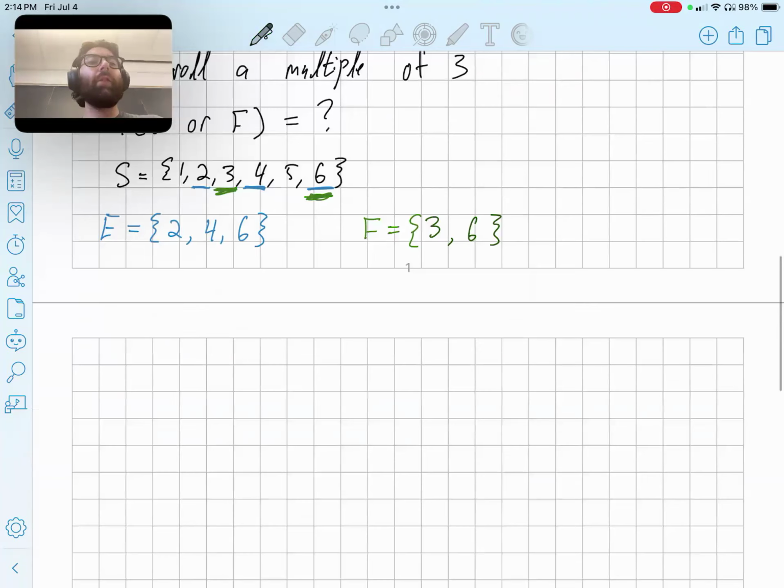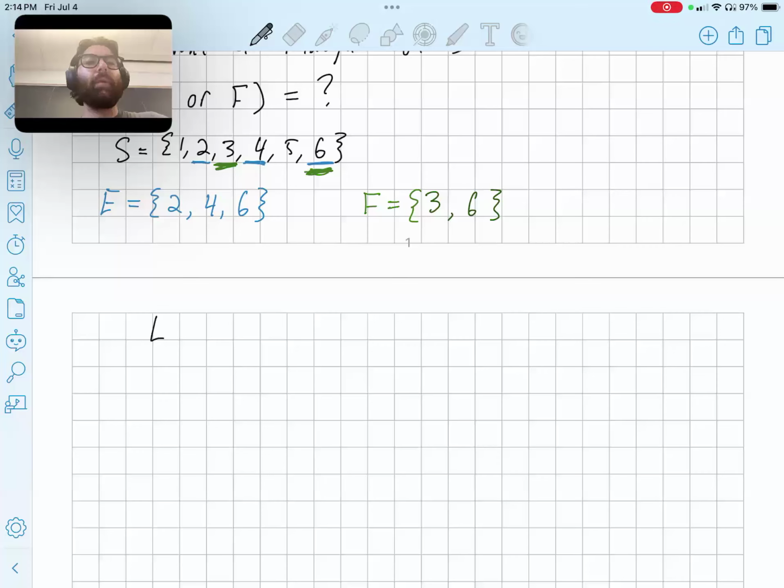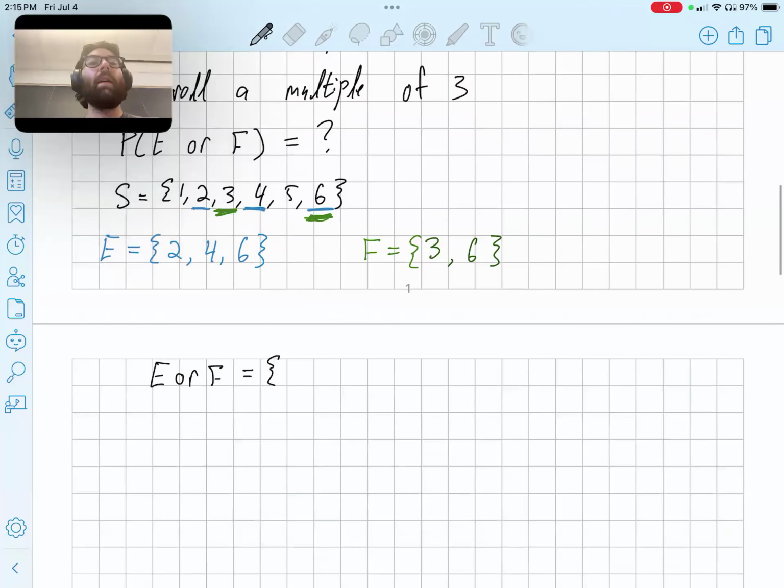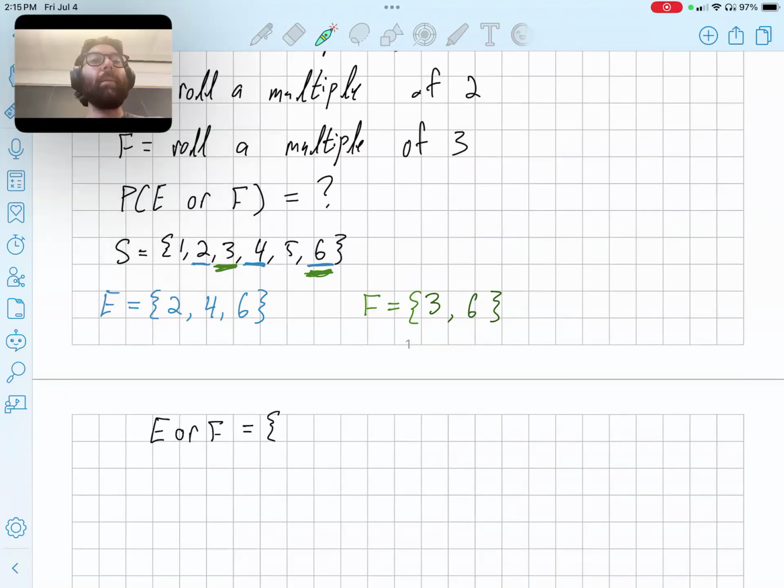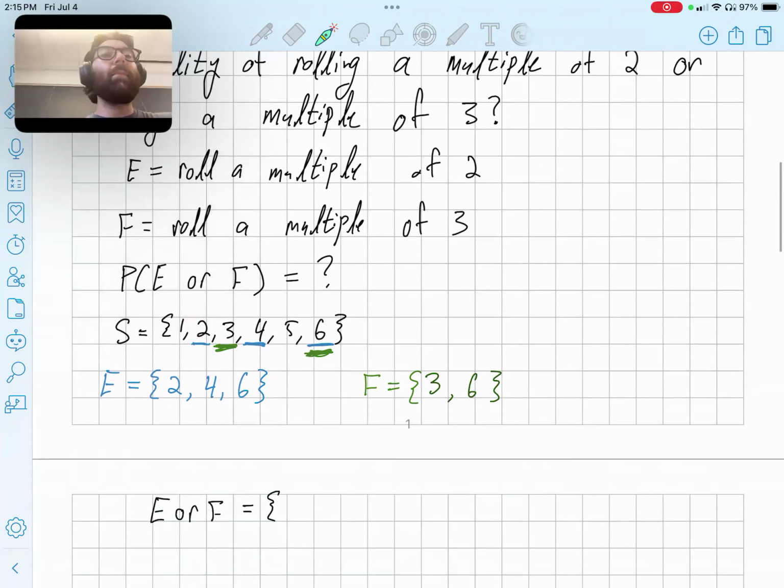But now we can also directly ask, what is the subset that corresponds to E or F? For each number, we go through and ask, is this a multiple of 2 or a multiple of 3? So 1 is not a multiple of 2 and it's not a multiple of 3.